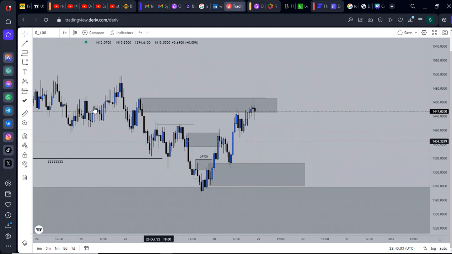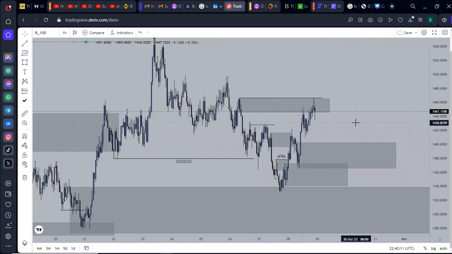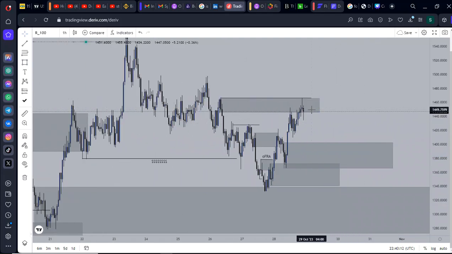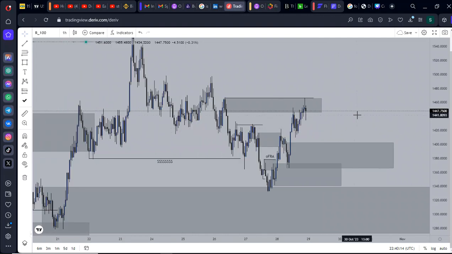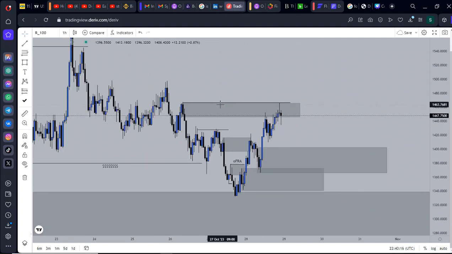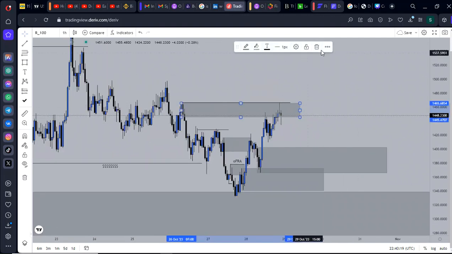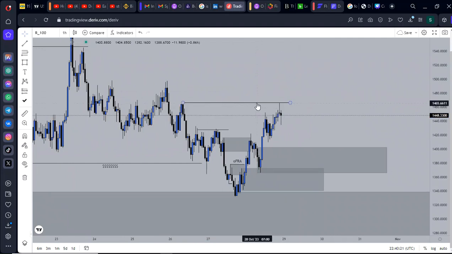So we have that violation of supply, and we now have this order block right here. We'll likely get to see if price will get there and give us a confirmation entry for a buy entry, because right now this gave us relative highs.